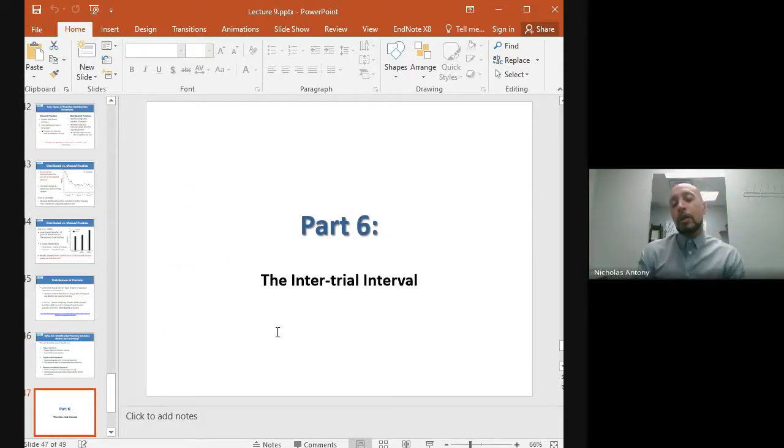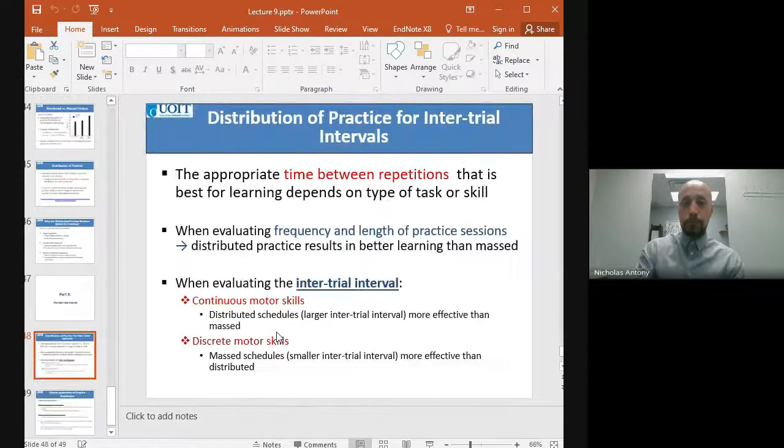So now let's talk about the one last thing: how long should you wait in between practice trials? Okay, does that make sense? This one, research hasn't really come up with a generalized rule about it.